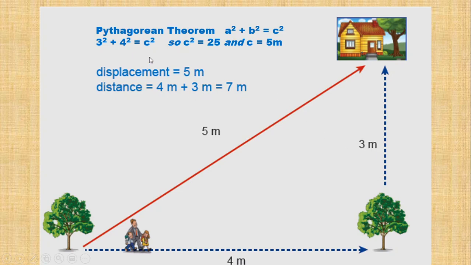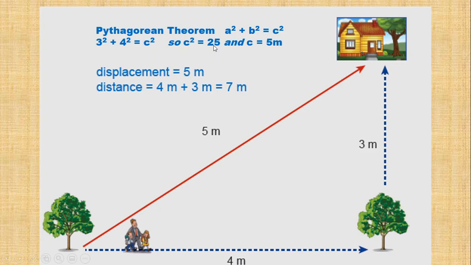So that's 3 squared because it's a squared. Make this one b. So that's 4 squared. And then you're calculating c squared. So 3 times 3 is 9. Plus 4 times 4 is 16. So that's going to end up with 25.